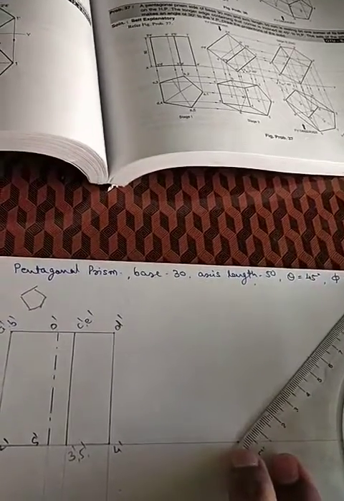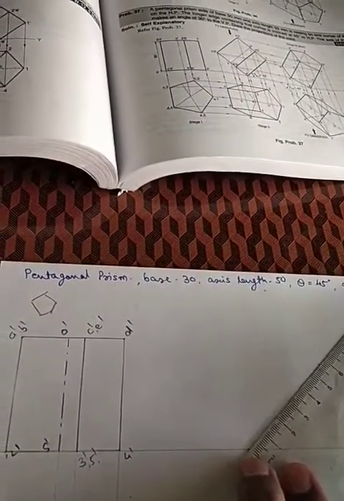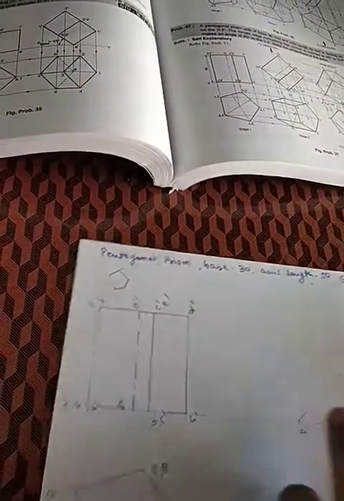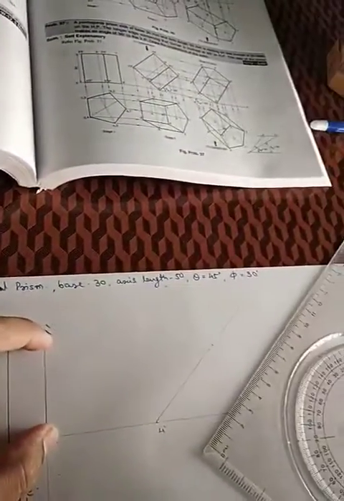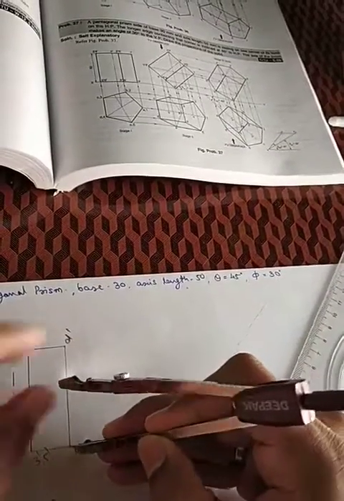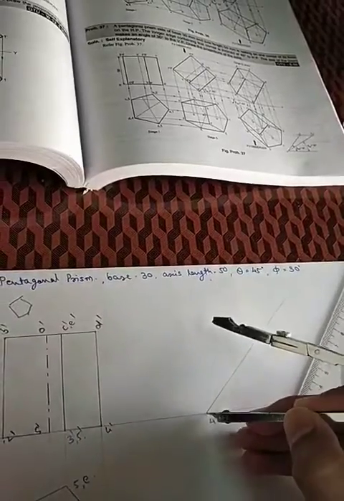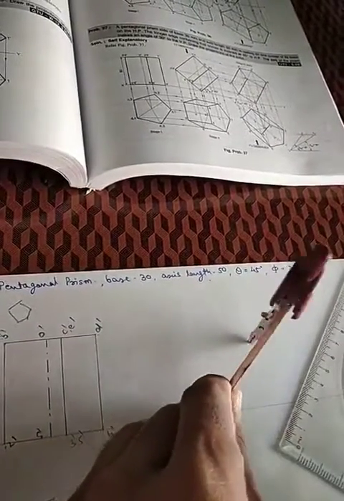Now I know that this is a 50 mm line, but let's just draw a straight line first. I know the length of this 4 dash D dash from here, so I have to take an arc of 4 dash to D dash.